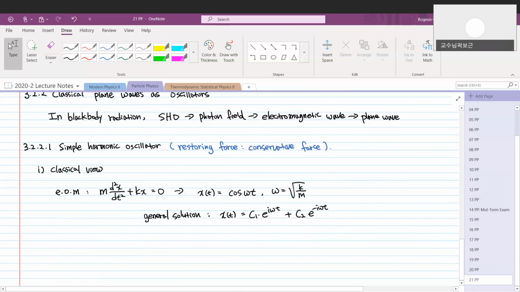And for such a system, the Hamiltonian operator is H equal to 1 over 2m p squared plus 1 over 2 m omega squared x squared.